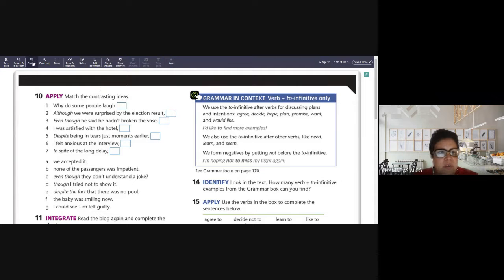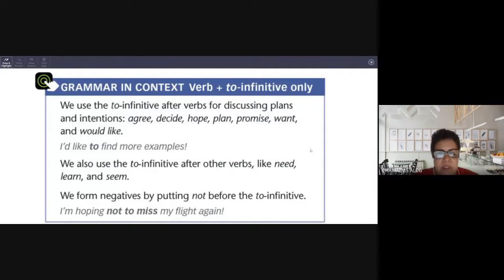So here we have it. Can you see that, people? This is the grammar in context. Verb plus to infinitive only, okay? We use the to infinitive after verbs for discussing plans and intentions.